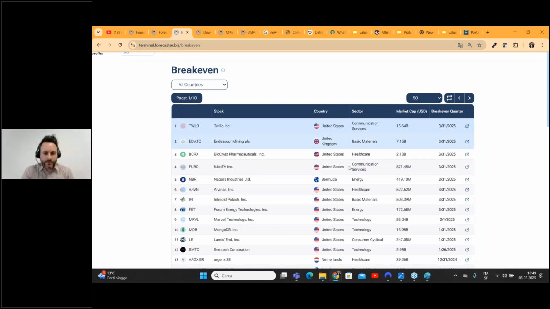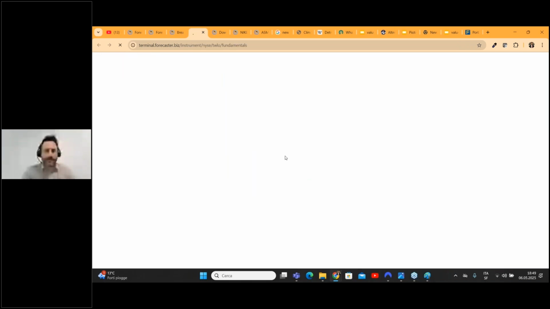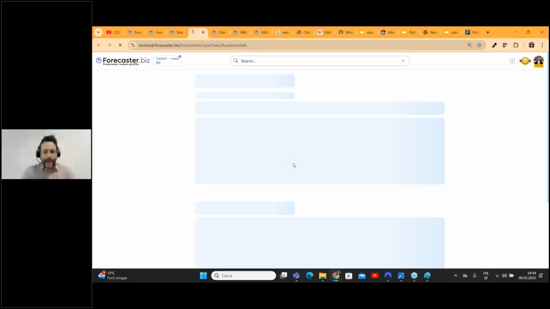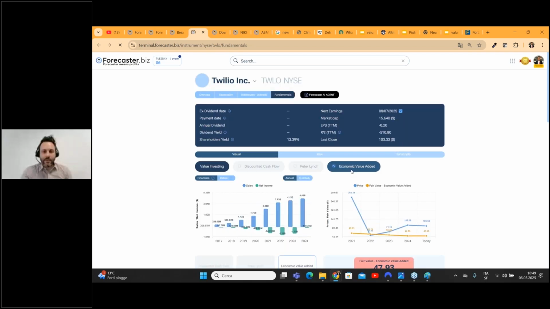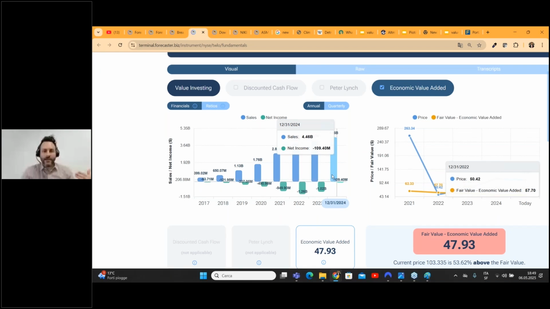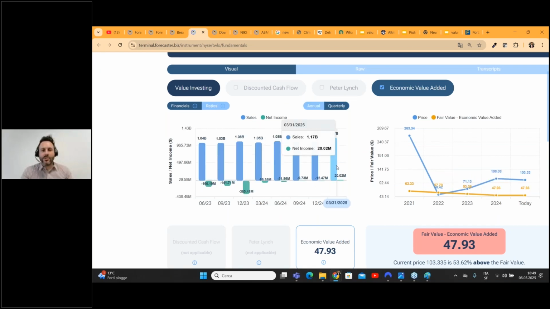So for example, recently we can see Twilio, which is a very interesting company, released the earnings. And as you can see, this is a company which in the past always lost money. Okay, why is it now in this list? Very simple, because we have a positive quarter for the first time.